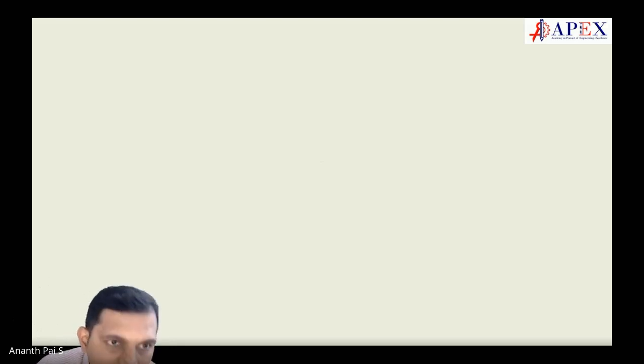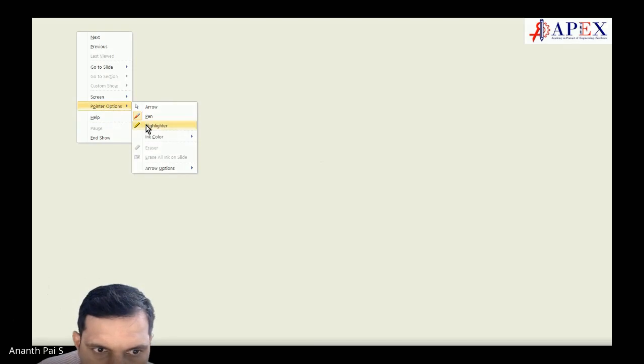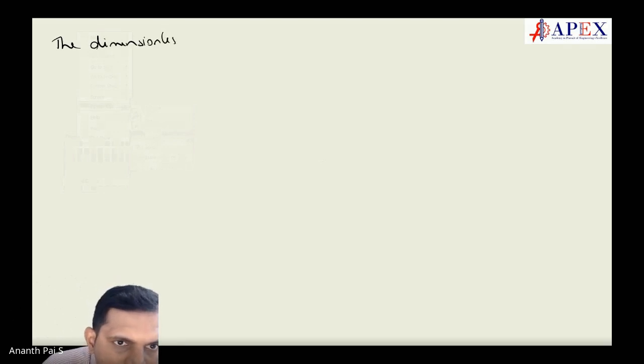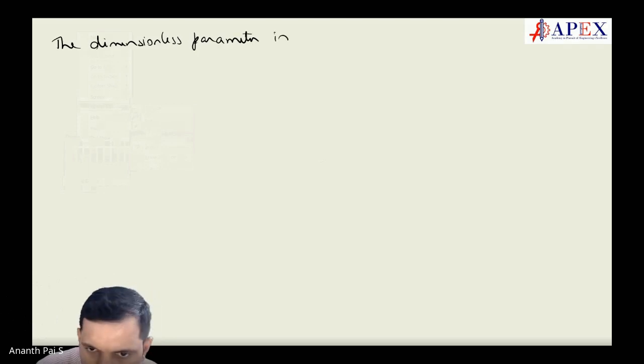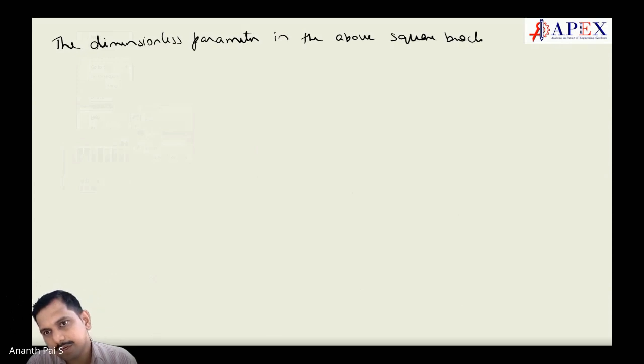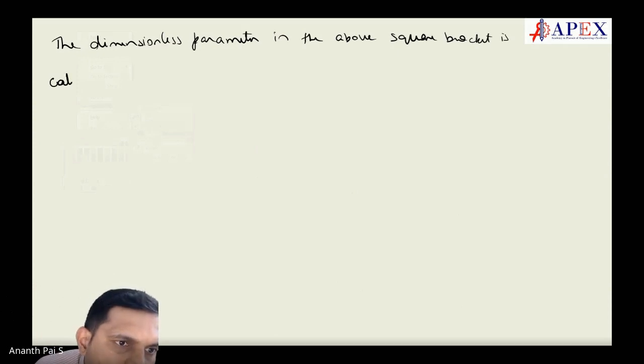The dimensionless parameter in the square brackets, the parameter in the above square bracket, is called the Grashof number.